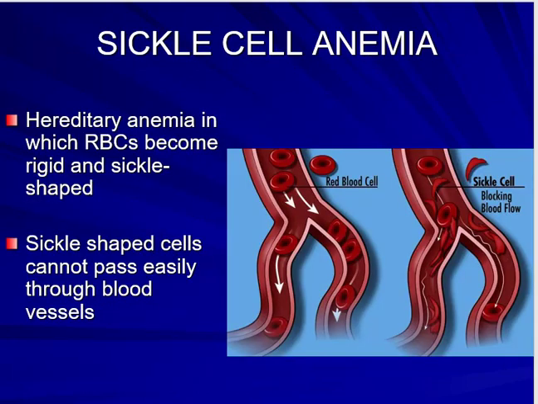Another type of anemia is sickle cell anemia, and this is hereditary. The red blood cells become rigid and they're shaped like a sickle, kind of like our sickle instrument in clinic, like a hook.